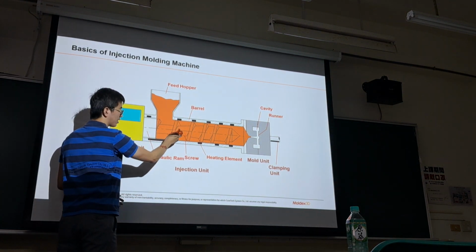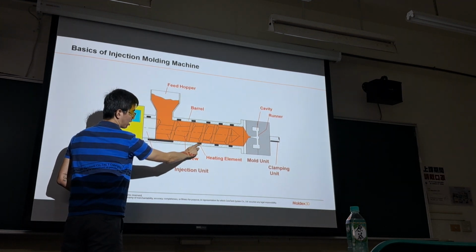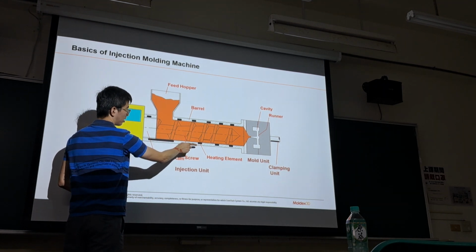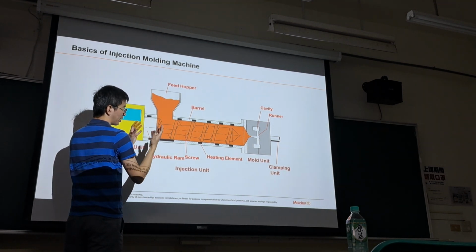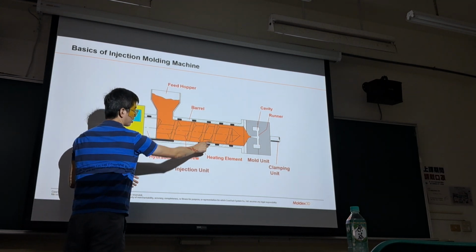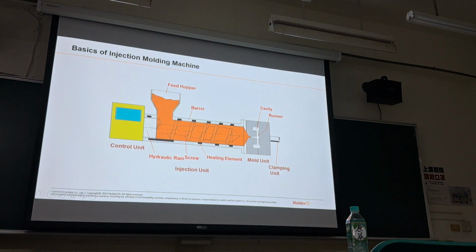So through this heat, and also we have a heating element inside the barrel, we can provide a lot of energy to turn this solid into melt. And then it goes into the cavity through the runner.